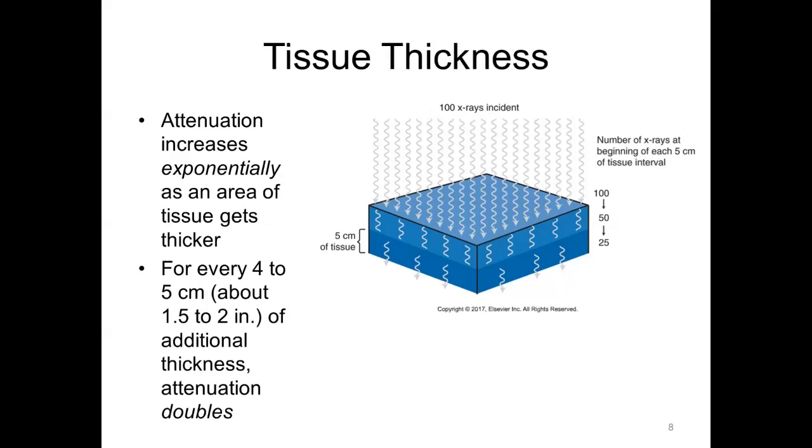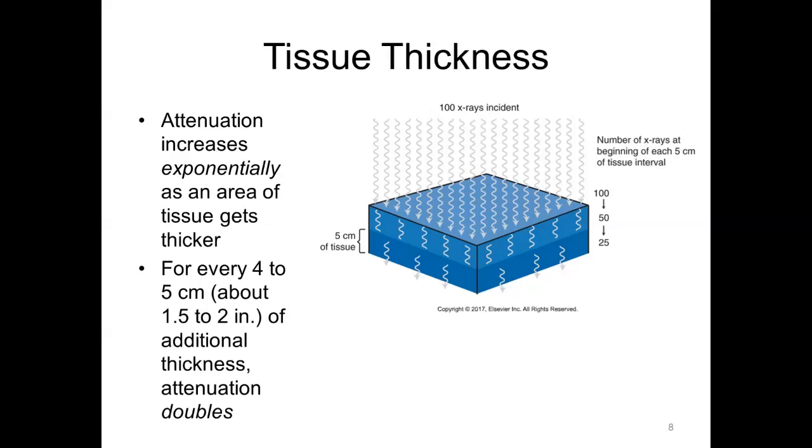So this illustration starts off with another theoretical 100 x-rays. This little square of tissue. No matter what the tissue is, whether it's bone or soft tissue, fluid, etc., we're just talking about the thickness of it.